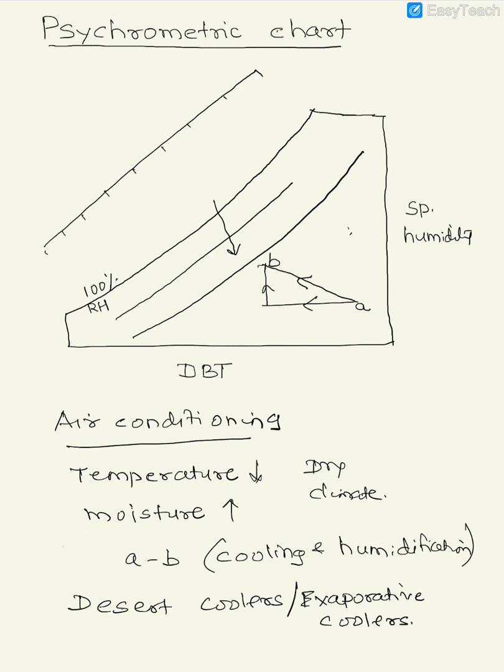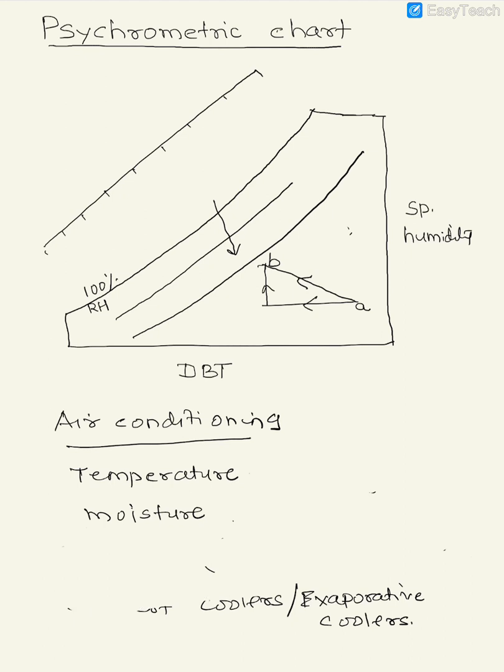A humid climate would not need increasing moisture content. You need to reduce the moisture content. The temperature also has to be reduced, as we are talking about summer air conditioning. So the psychrometric process would be different.